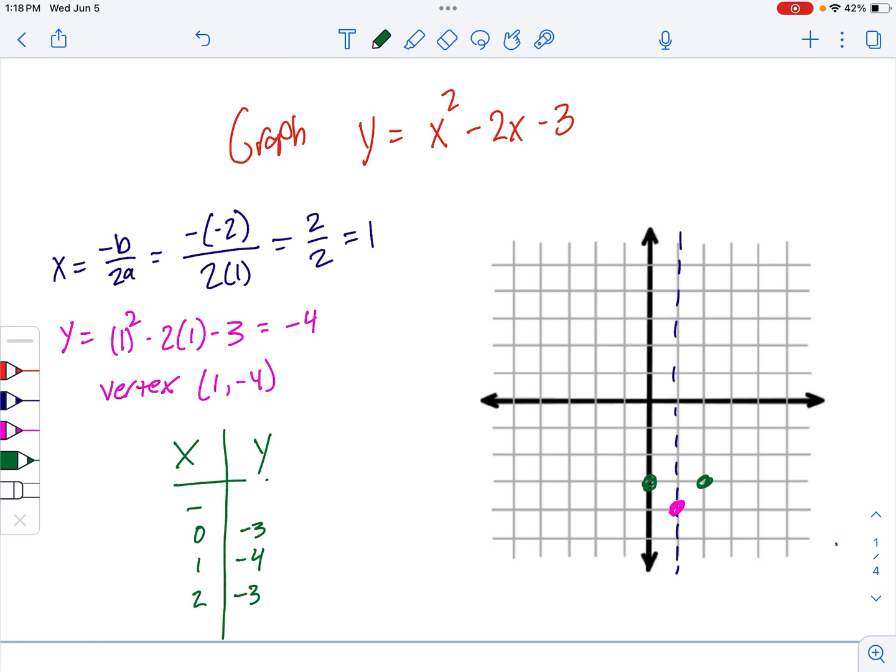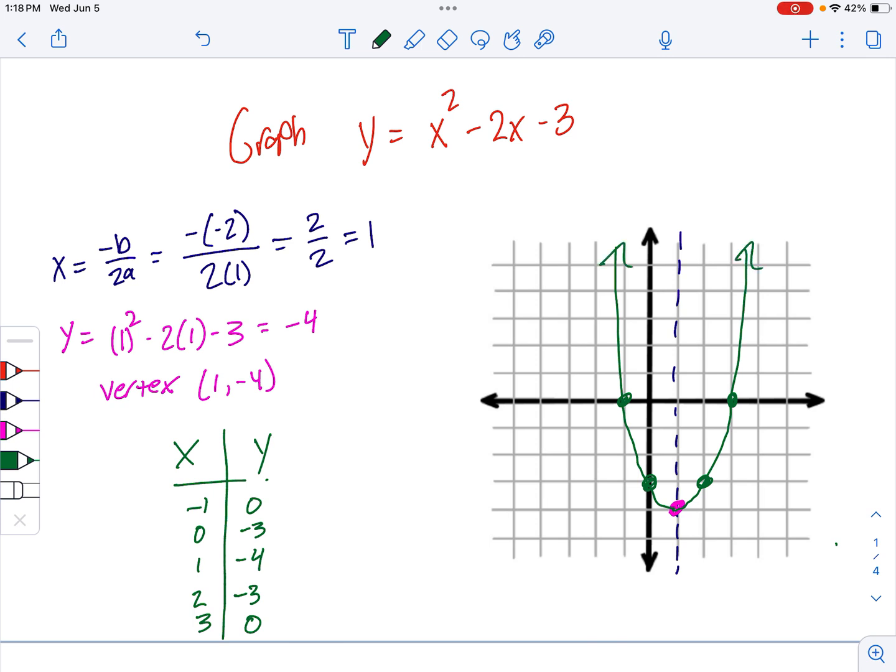And then we could either plug in negative 1 or 3 to get another point. Let's go ahead and plug in 3. 3 squared is 9, minus 2 times 3, so minus 6. So 9 minus 6 minus 3, that's 0. Plot that point, and then we have 0 here, plot that point. And then we can connect these and make our parabola.